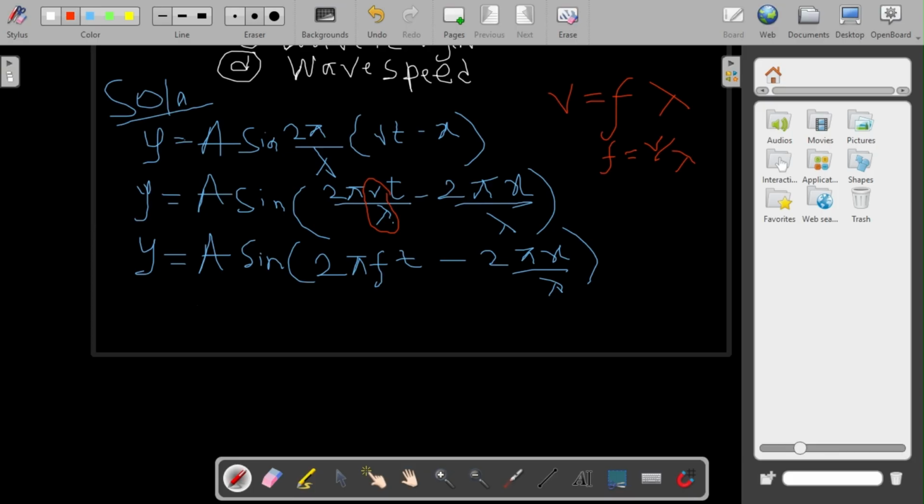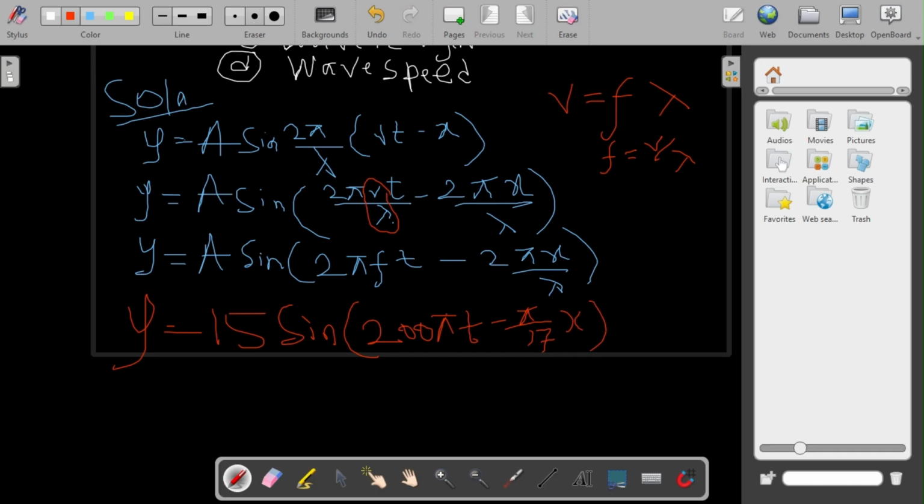So if I write this out, this is y equals 15 sine 200 pi t minus, then the last one is pi over 17 x. So that's exactly what I have here.